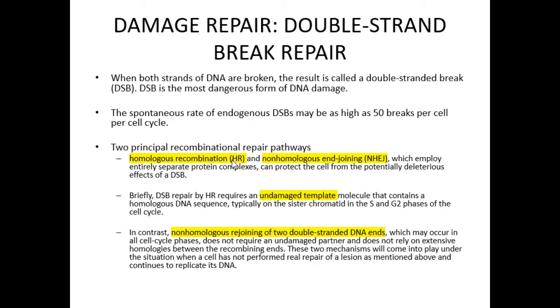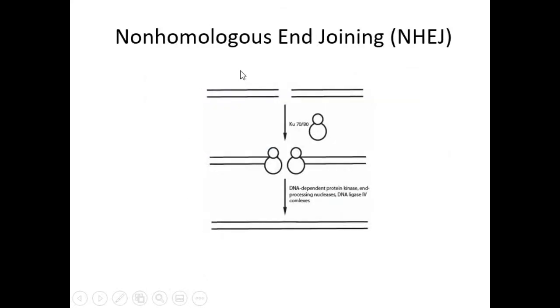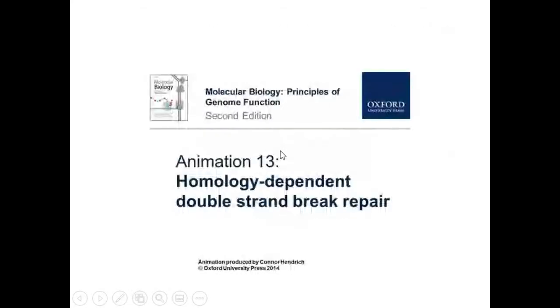Non-homologous end joining rejoins the two double-stranded DNA ends, and that occurs in all cell cycle phases. For non-homologous end joining, they just need these two proteins, Ku70 and Ku80. They bind to the broken ends and rejoin. That's non-homologous end joining.